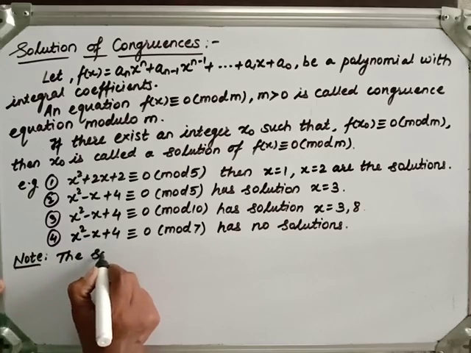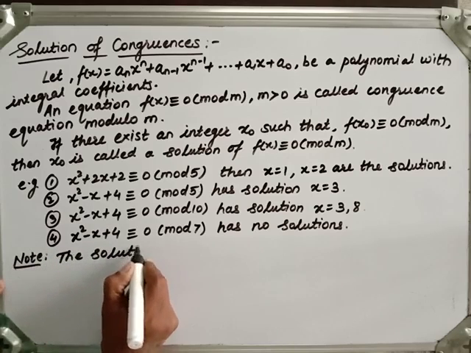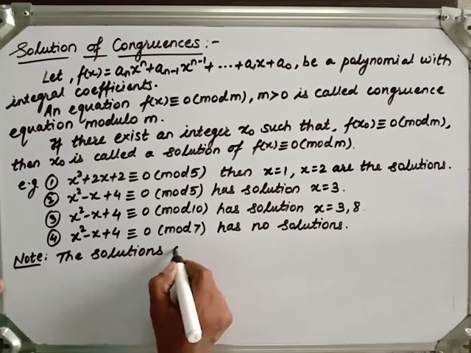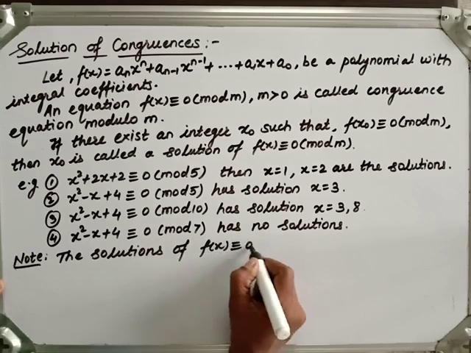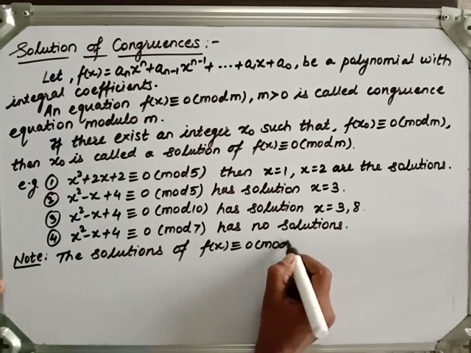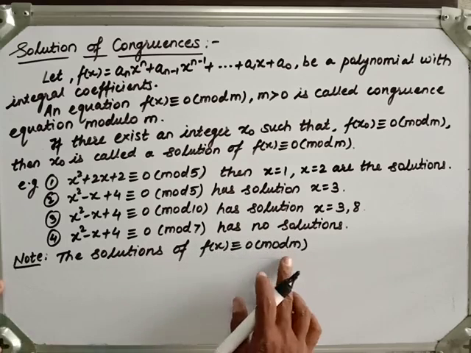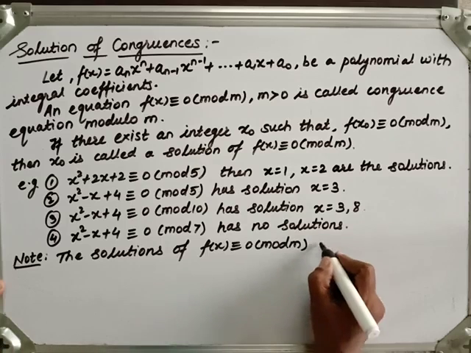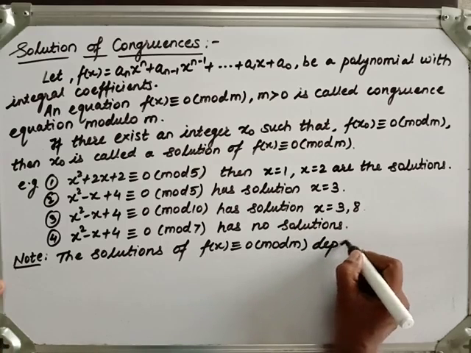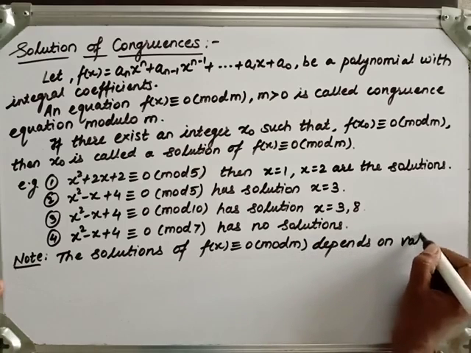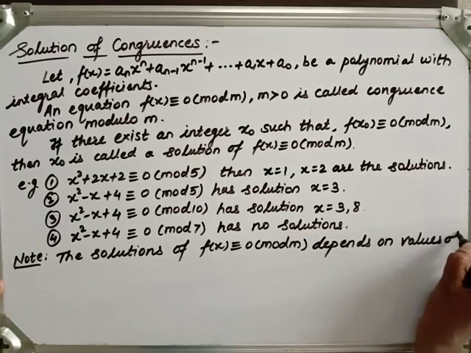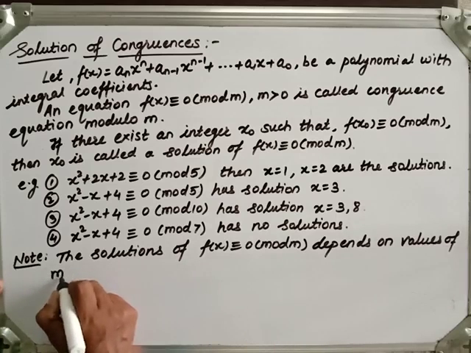Okay, now note that the solutions of the congruence equation f of x congruent to 0 modulo m obviously depend on the value of m.